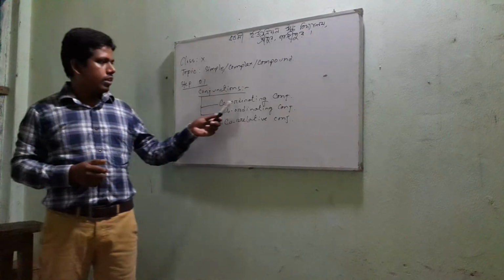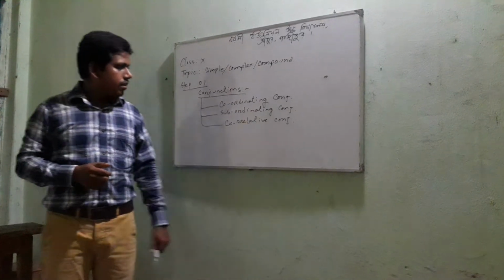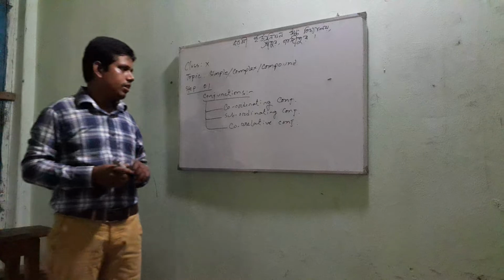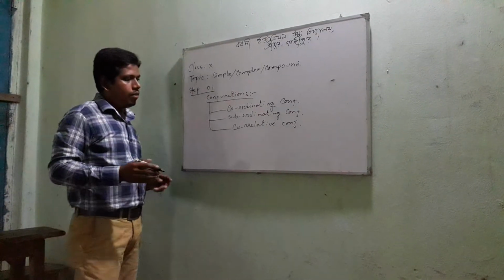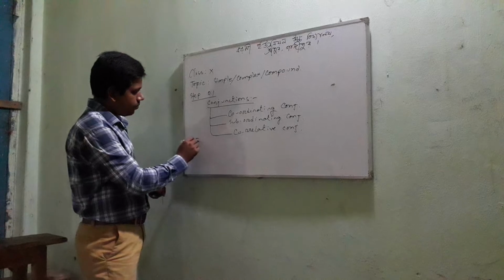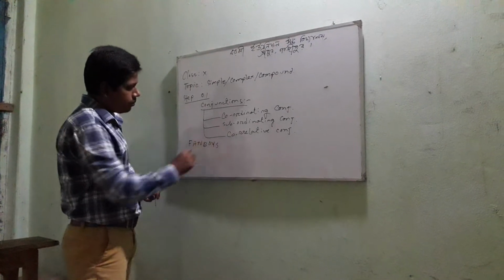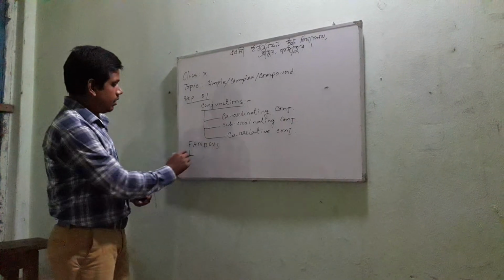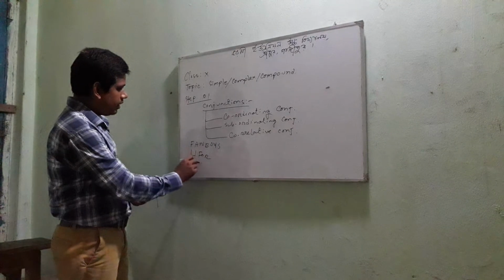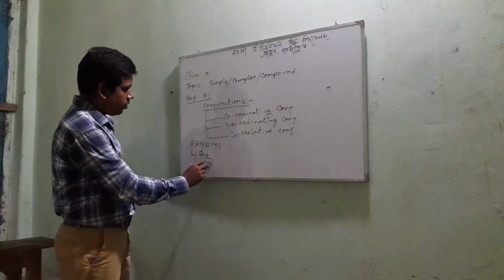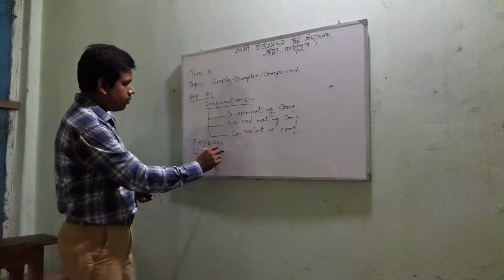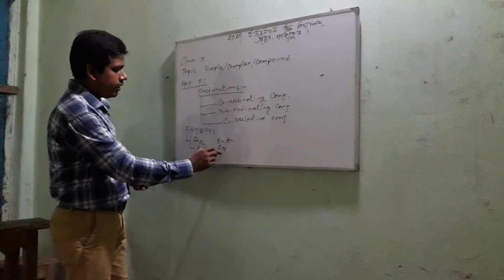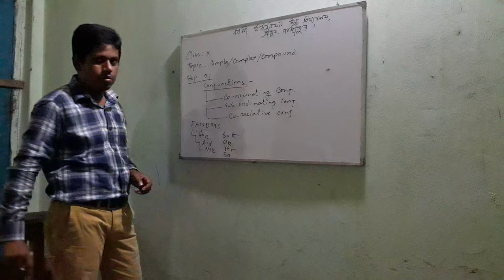If I want to say about coordinating conjunctions, there are 7 coordinating conjunctions, and you can remember these 7 by a word, that is FANBOYS. Here F is for, A is and, N is nor, B is but, O is or, Y is yet, S is so.